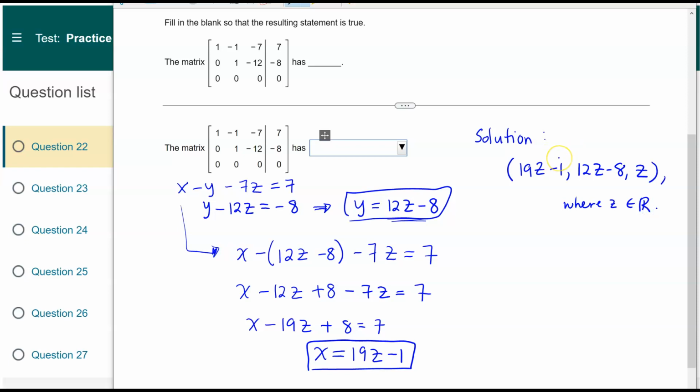Okay, so that's the solution. It is the set of ordered triples like this, where z is a real number.